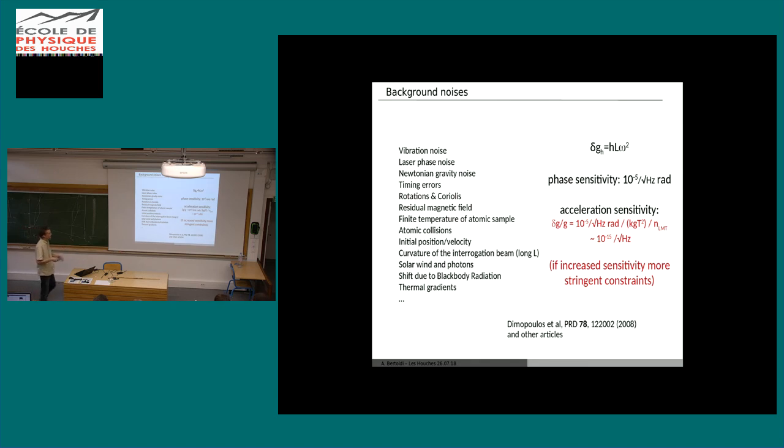They consider even more fancy effects like solar wind and photons, black body radiation, thermal gradients, and so on. And they did the math and they say that it's possible to constrain them below the sensitivity of the experiment. Obviously, if you increase the sensitivity, because this is done for 10 to minus 17 h over square root of Hertz, if you want to go down, you have to improve everything.